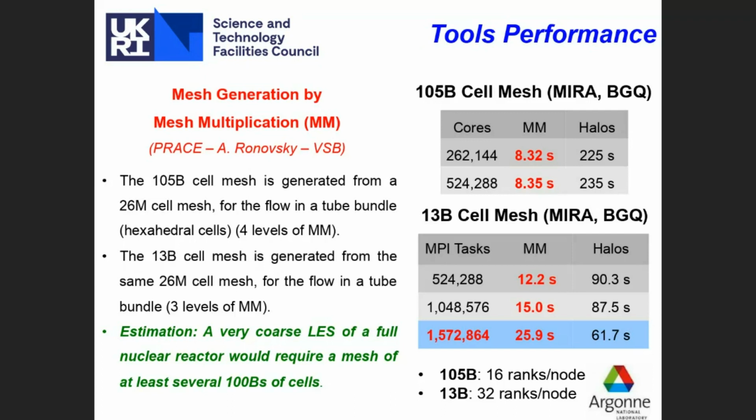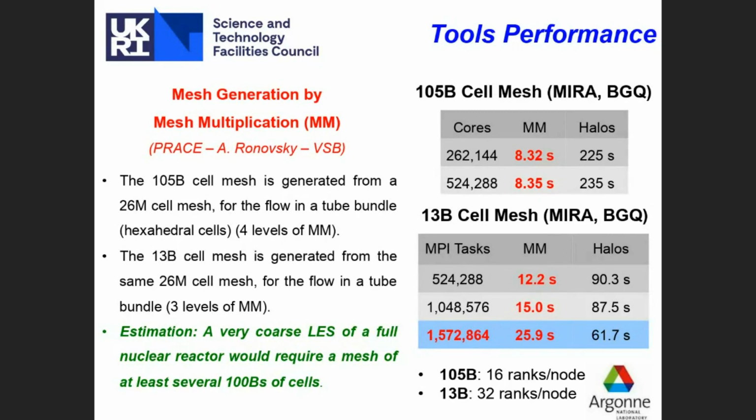In terms of performance, the largest mesh run to date using Code Saturne has 105 billion cells. The simulation was run on Mira at Argonne in the US, a machine run by the Department of Energy. The machine had 0.7 million cores.